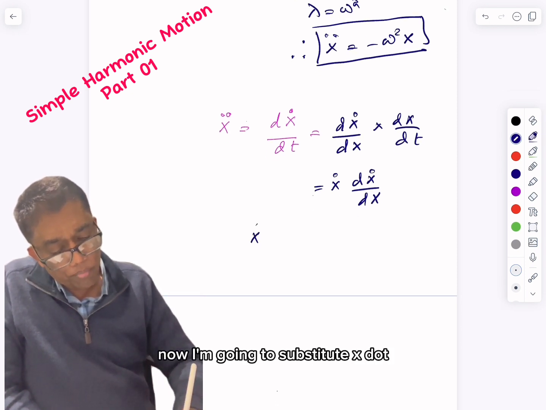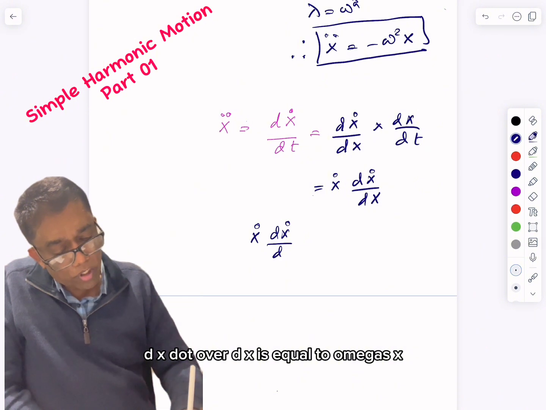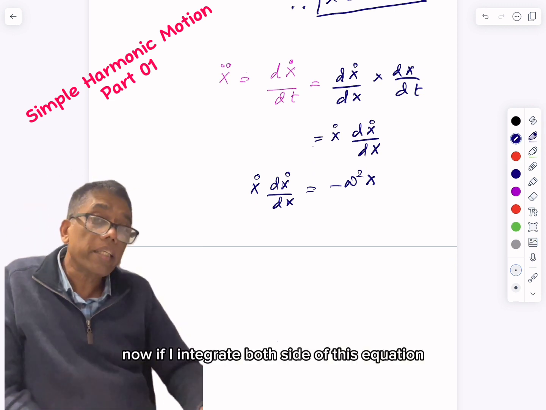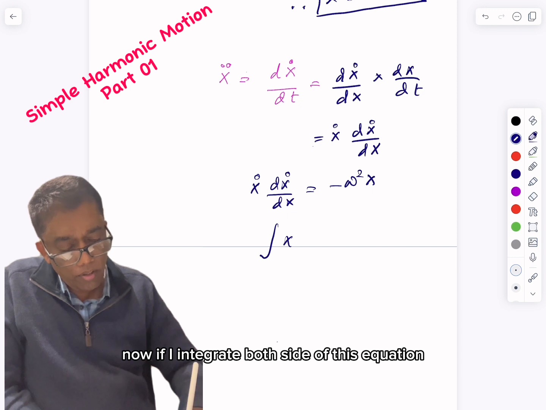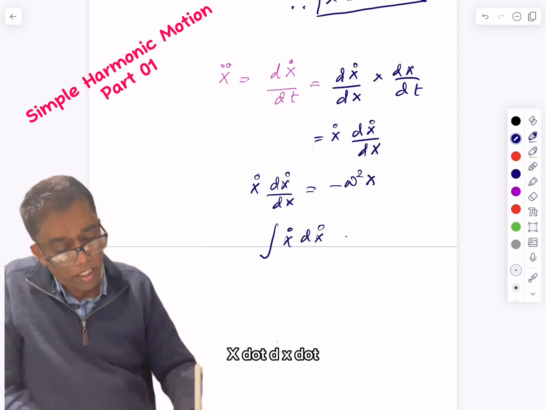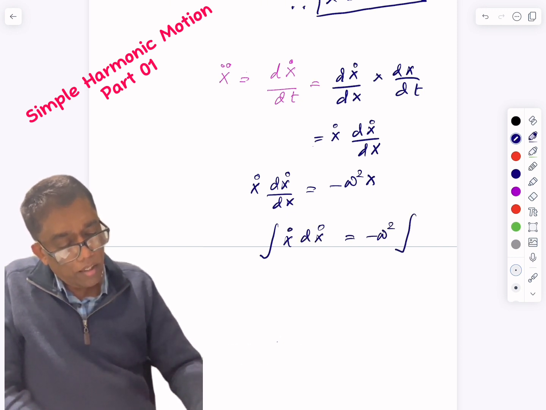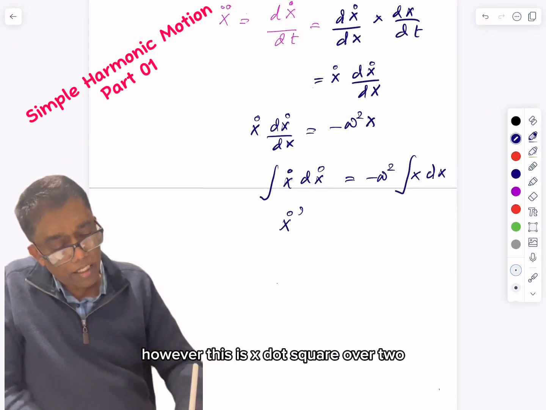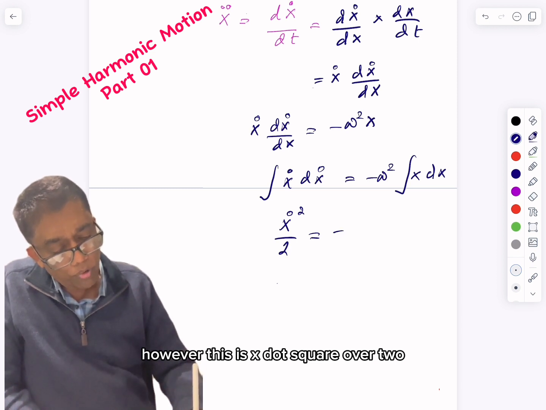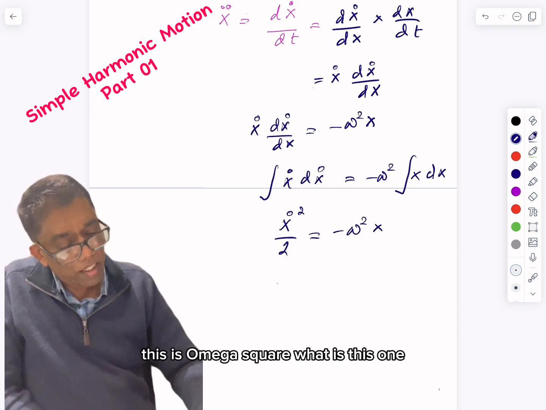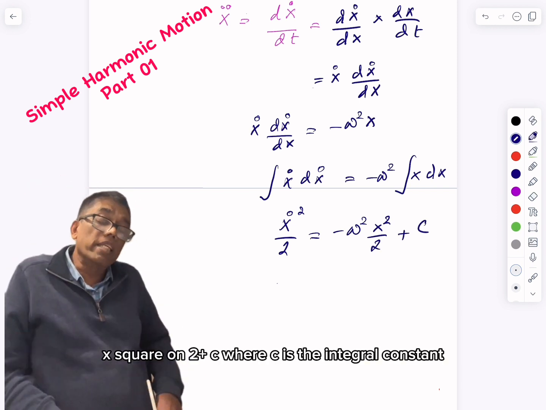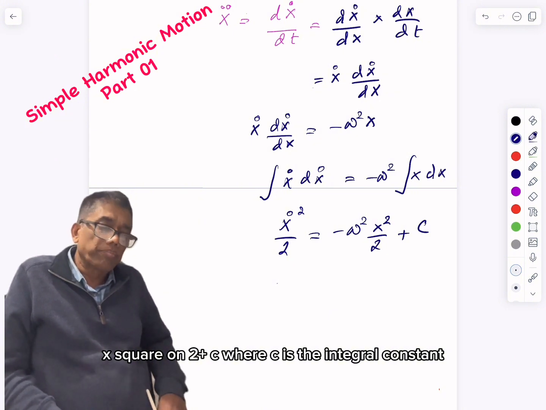Now I am going to substitute: x dot dx dot over dx is equal to negative omega square x. Now if I integrate both sides of this equation, the integral of x dot dx dot equals the integral of negative omega square x dx. This gives x dot square over 2 equals negative omega square times x square over 2 plus c, where c is the integration constant.